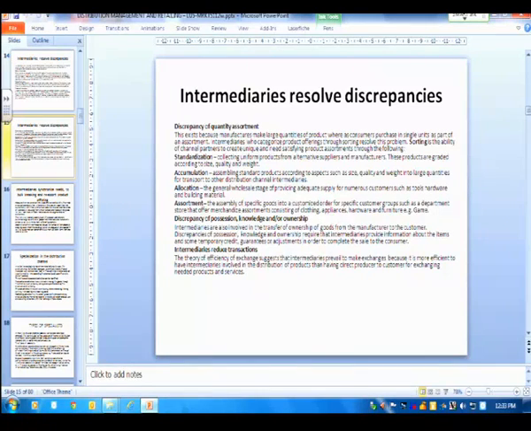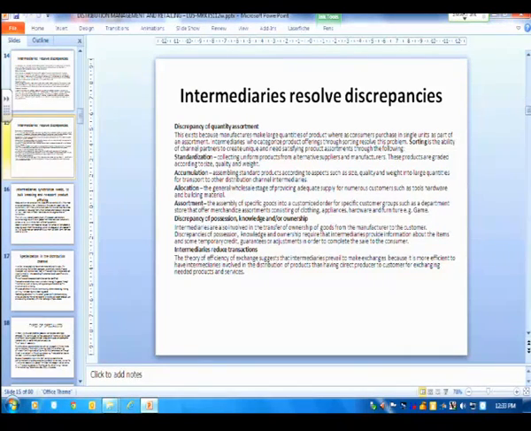Thirdly, allocation. Here we are saying the general wholesale stage of providing adequate supply for numerous customers, such as tools, hardware, and building material.